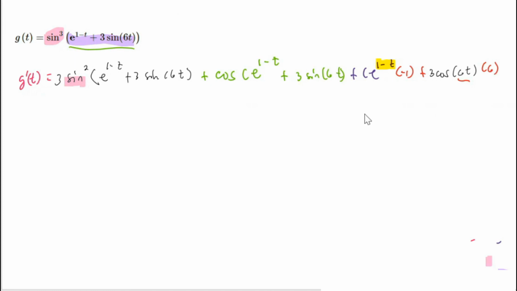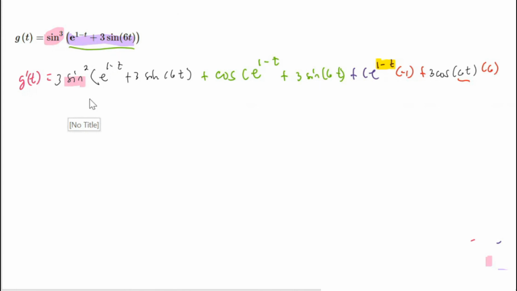Let me recall again. First, you take the power rule if there is a power on the trigonometric function. That's why it becomes now 3 sine squared. Then copy the angle. Next is to take the derivative of the trigonometric function. The derivative of sine is cosine, and then copy the original angle.